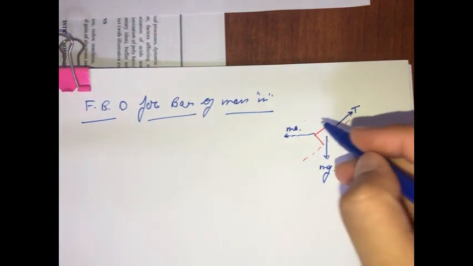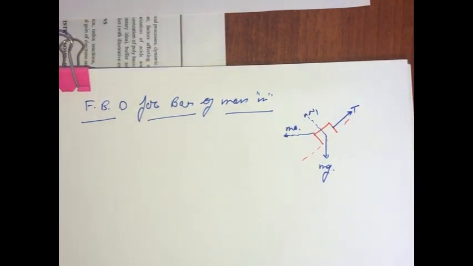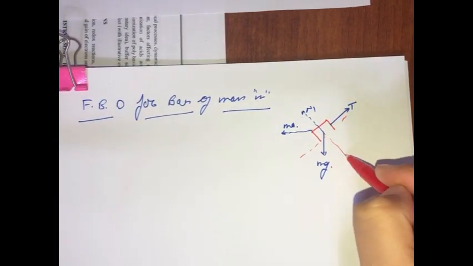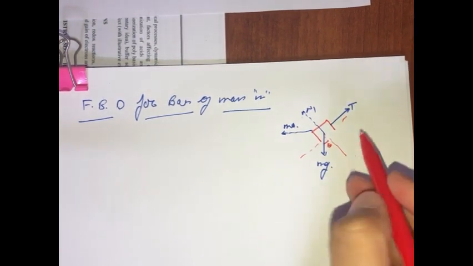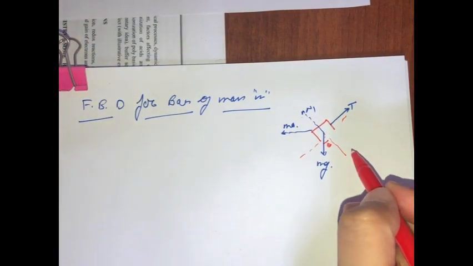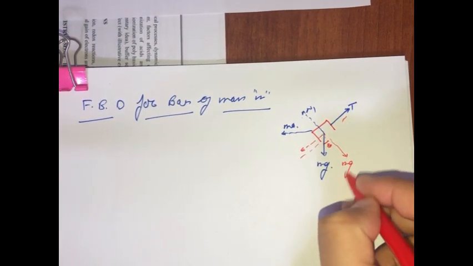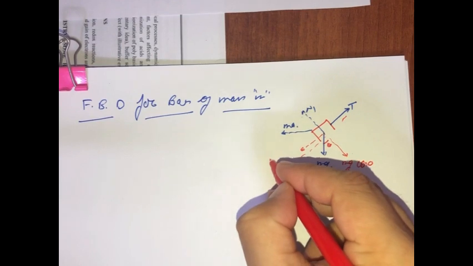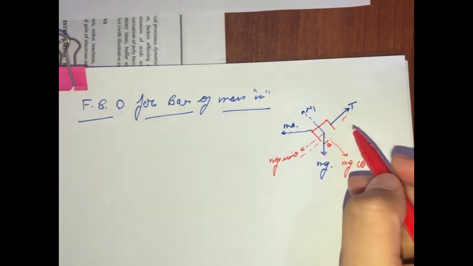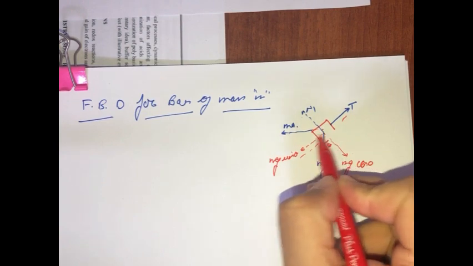We have a normal N1 also, so this is a normal N1, and this will be angle theta, and so we can divide mg into two parts. We have this mg cos of theta, and this will be mg sin of theta, and similarly this will be at an angle of theta.